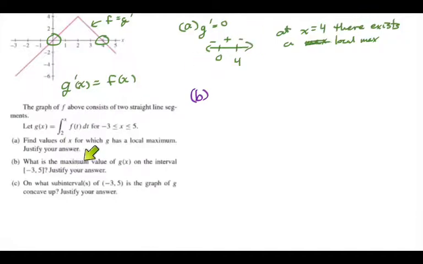To justify our answer for this one, we're going to plug in all of the x values where g prime equals 0, because where g prime equals 0, that's where you can have a maximum or minimum. For example, right here and right here, g prime equals 0 because we have horizontal tangent lines.